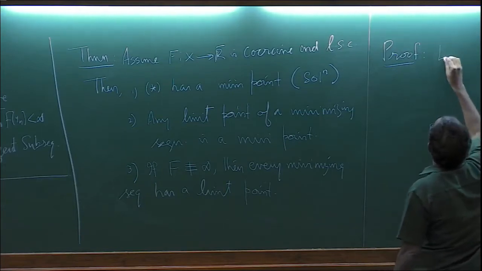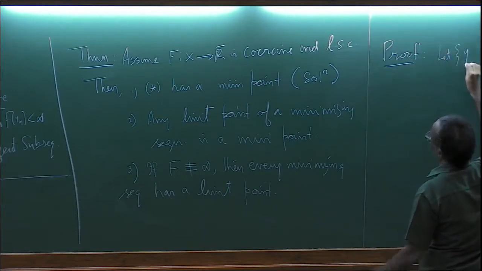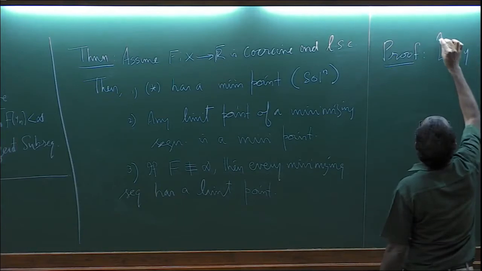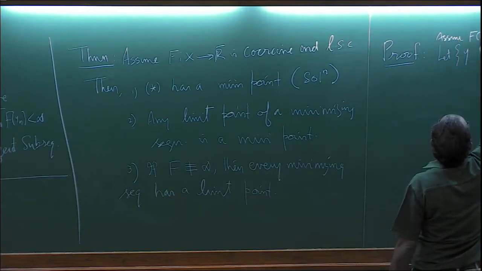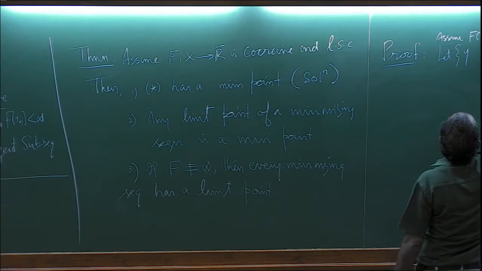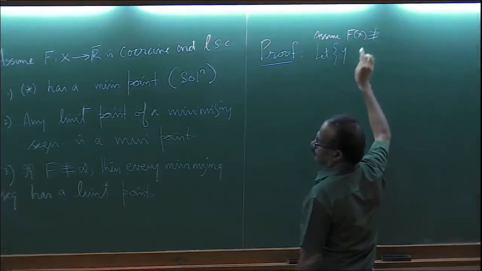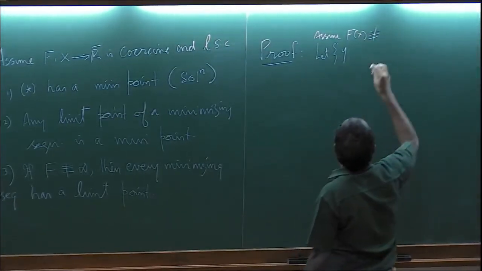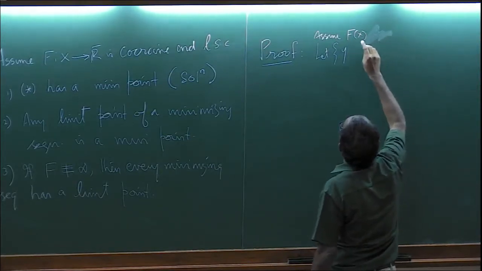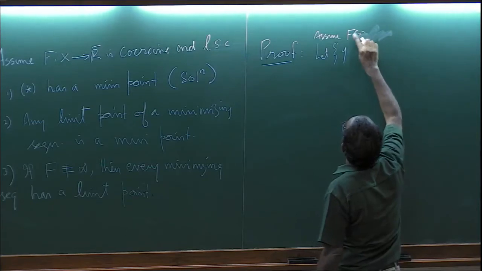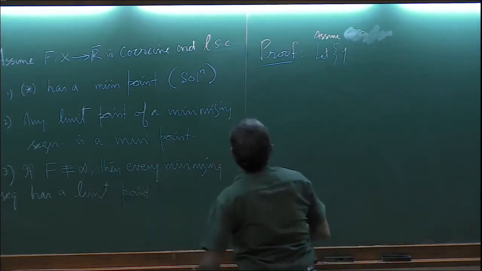Let yn be a minimizing sequence. Assume that this is finite; if it is infinity, nothing to prove. So assume F is not identically infinity.